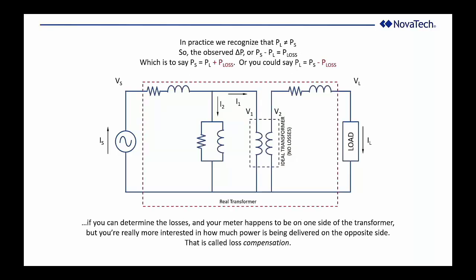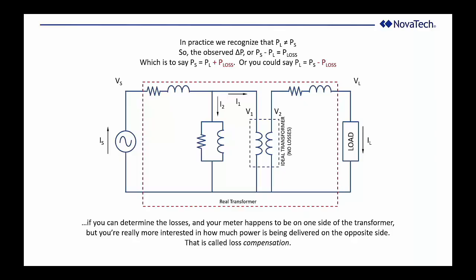So, in practice, we'd have a very short presentation if this wasn't the case. We recognize that the power fed into a transformer is not equal to the power that we can get out of the transformer, and that the difference in power, the delta P, the source minus the load, we call the losses. The losses are not a single feature, as we already talked about where they derive from, but they are the same whether you're going up or down.